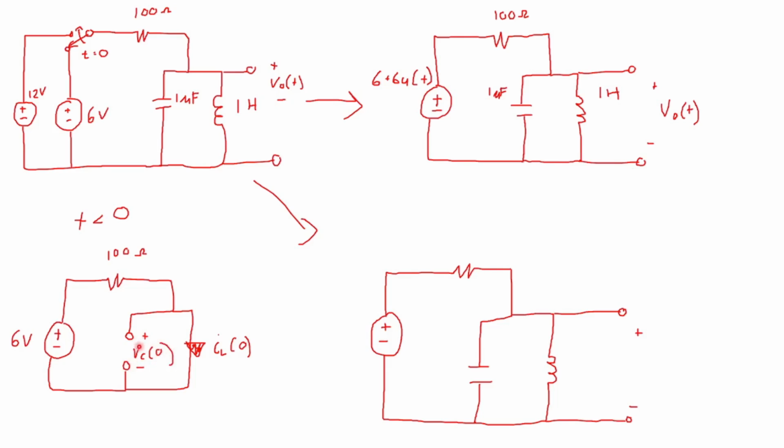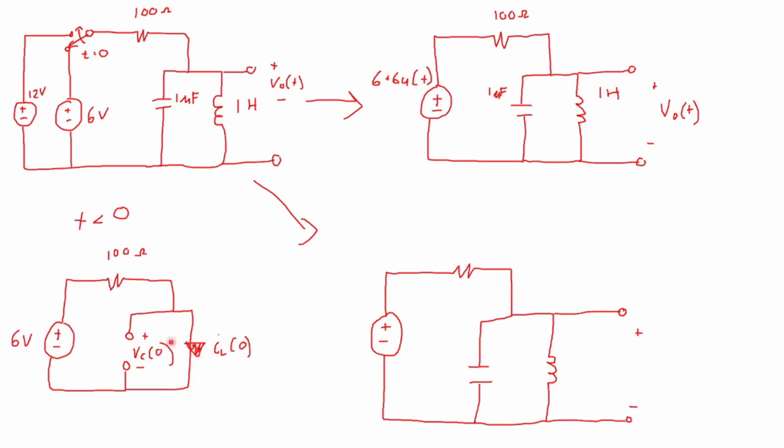Because the capacitor is open, no current can flow through the capacitor's path, and therefore all of the current passes through the inductor's path, which is a short. So all of the current in this circuit passes through this outer loop and no current in here.